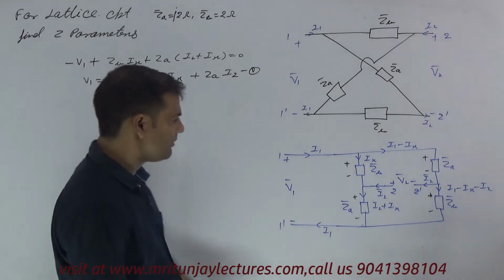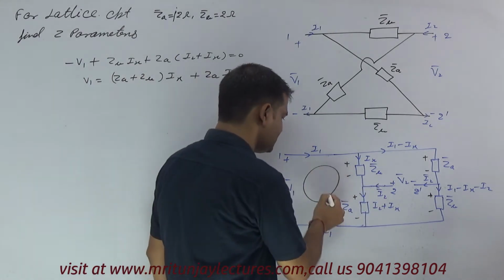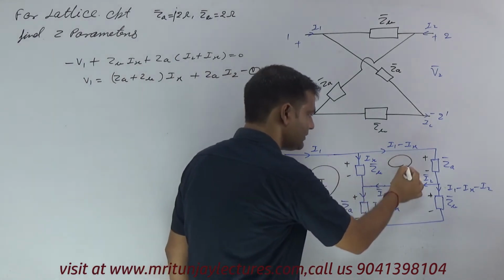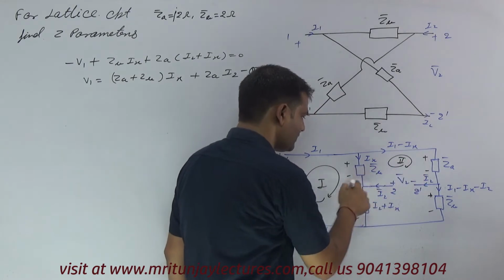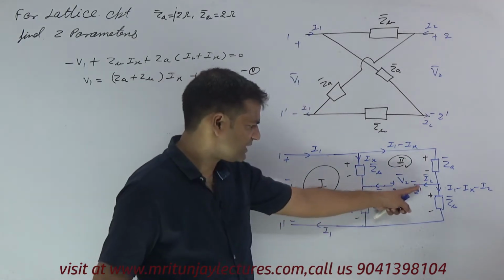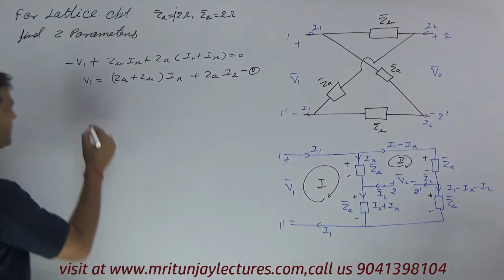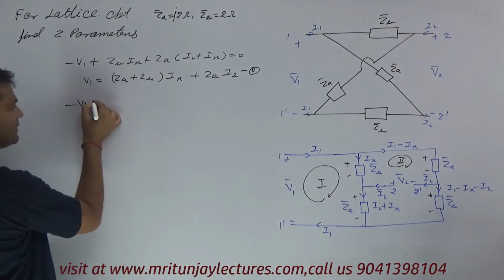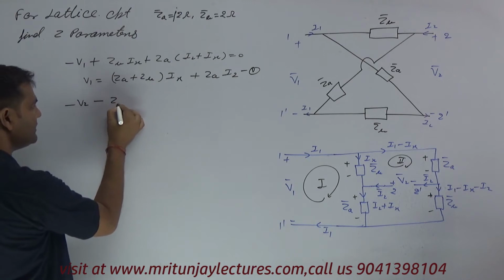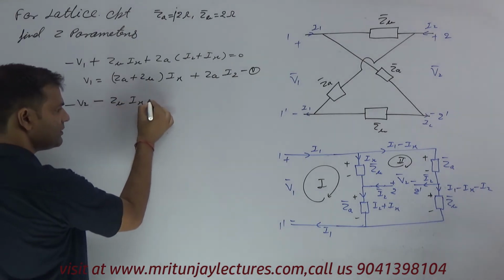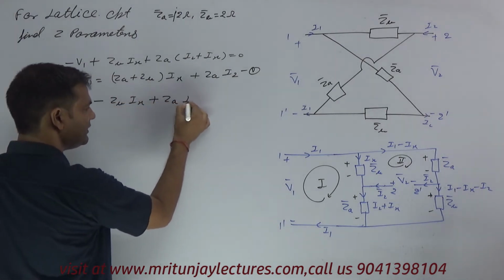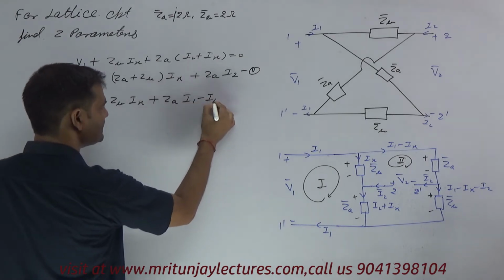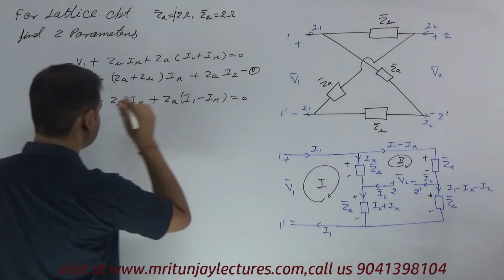Now apply KVL in loop 2. Minus V2, minus ZB into Ix, plus ZA into (I1 minus Ix), and this is equal to 0.